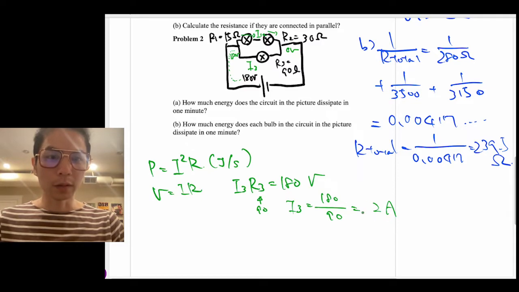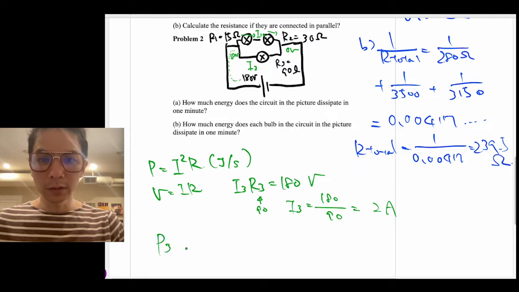If you plug this number into this equation, P3 equals 2 squared times 90, which is going to be 360 joule per second.